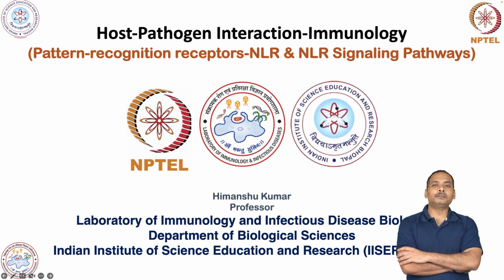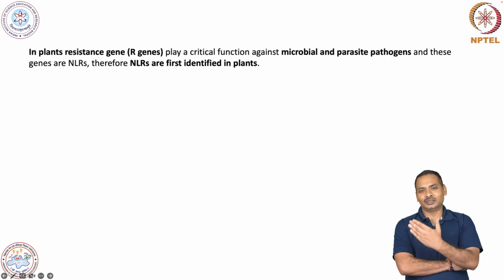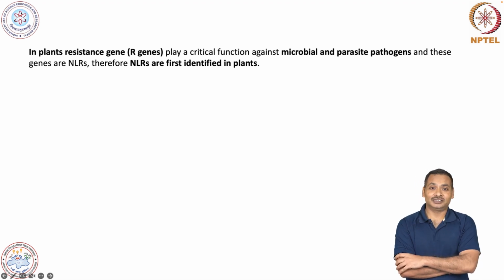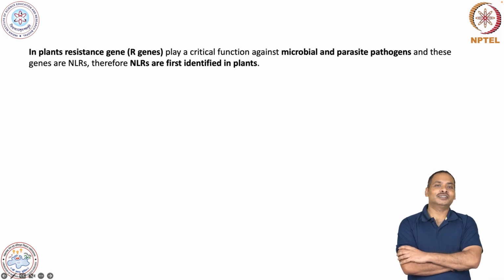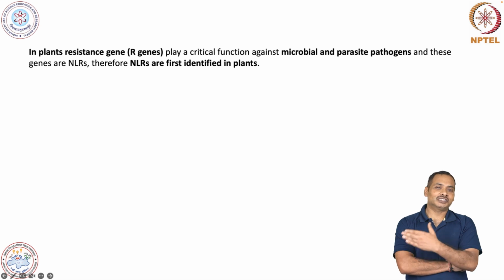Okay. So let us begin with nod-like receptors, and nod-like receptors, or NLRs, were first identified in plants. It's very interesting, right? They were first identified in plants, and they play a very important role against microbial and parasite infection in plants.